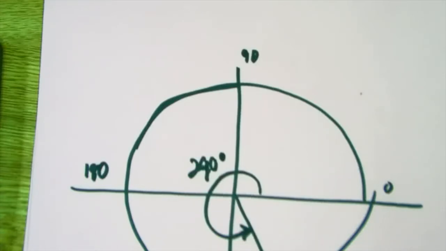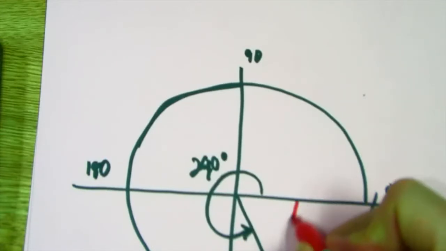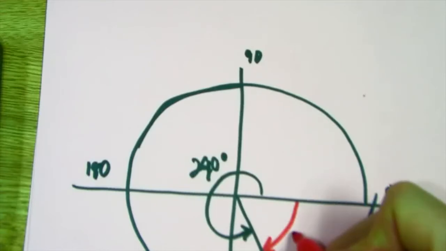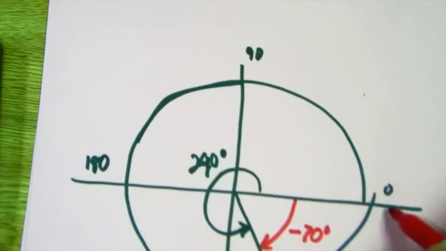Can you develop another angle that has the same terminal side, but it's literally a different angle? You should be able to develop multiples. Let's do the easiest ones. The first one would be an angle of negative 70 degrees, right? Because all the way around would be 360.